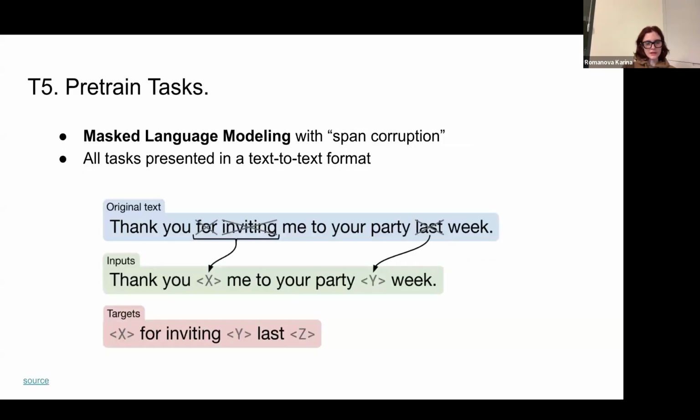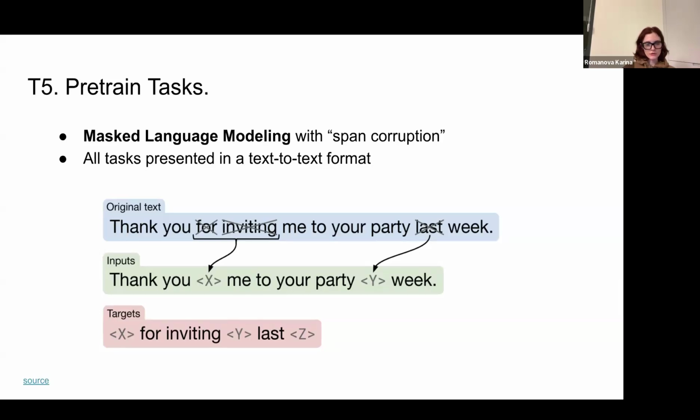As for the training tasks of this model, T5's pre-training task is known as span corruption. Here's how it works: random spans of text are masked out, and the model is trained to predict these missing spans.